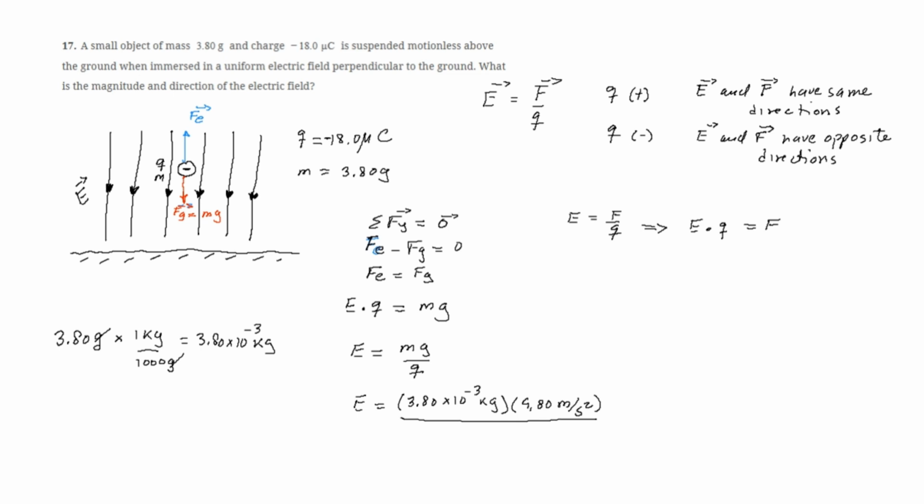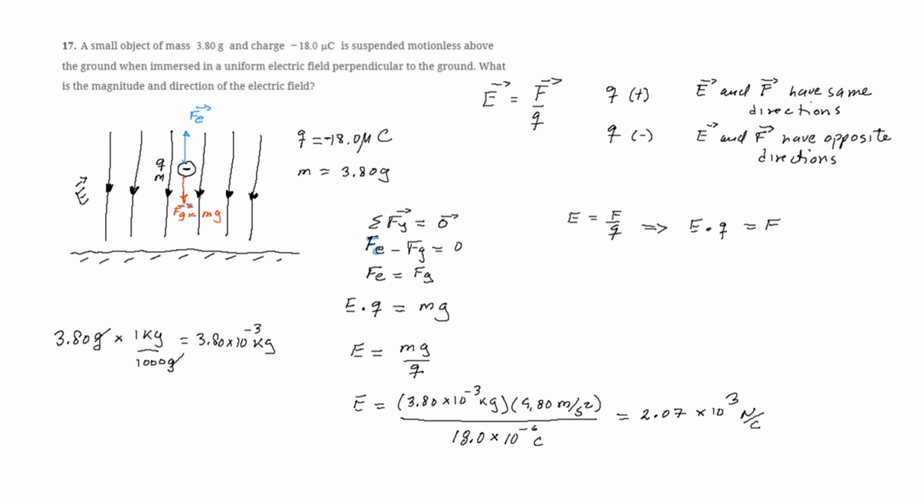Micro is 10 to the negative 6, so this is 18.0 times 10 to the negative 6 coulombs. And when we calculate the values here, we're going to get that the value is 2.07 times 10 to the third newtons per coulomb. The units of electric field are newtons per coulomb.